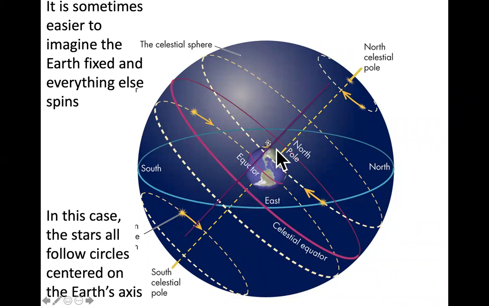The real world has the Earth spinning on an axis, and all of the stars are more or less fixed in place. But we can kind of get what stars we can see by flipping that picture around. We imagine the Earth is fixed. Is it really fixed? No, but this is our perspective as someone sitting at a particular spot on Earth, which basically is Idaho in this picture.